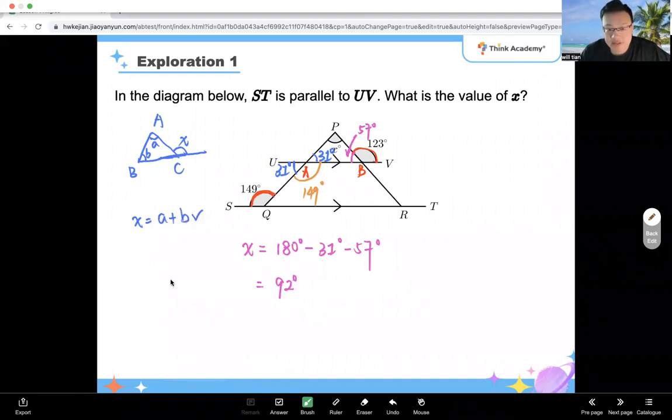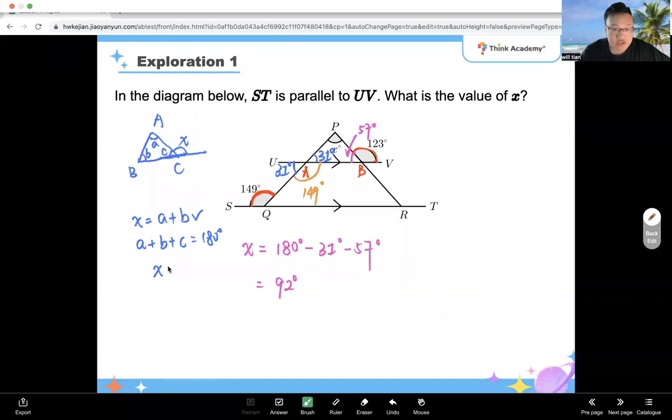So how do we prove this? As for angle C, A plus B plus C is 180 degrees, the sum of all the interior angles of a triangle. And X plus C is a straight line, a straight angle, which is also 180 degrees.